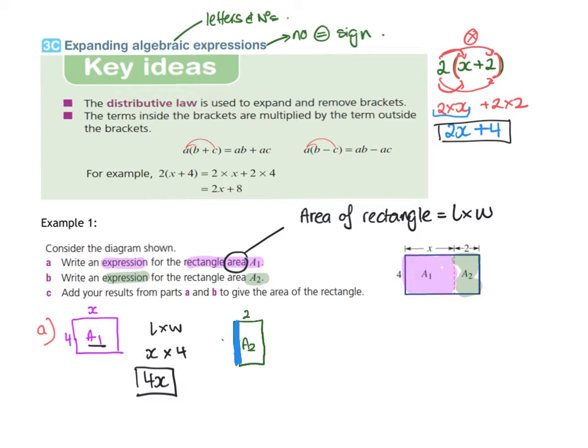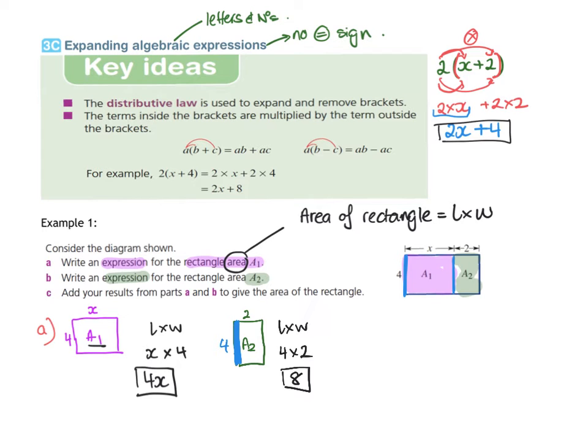Can you see, we know this is 4 because this length here is the same as that length, isn't it? So an area of a rectangle is still length times width. So I'm going to say this one is 4 times 2. Can I do 4 times 2? Yeah, so that one's 8.